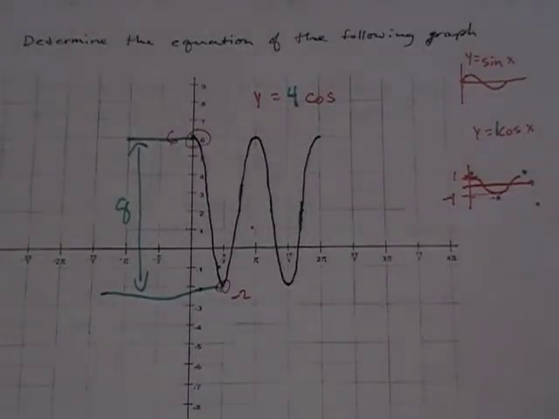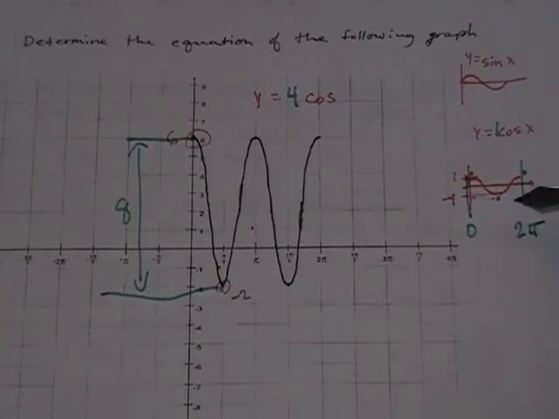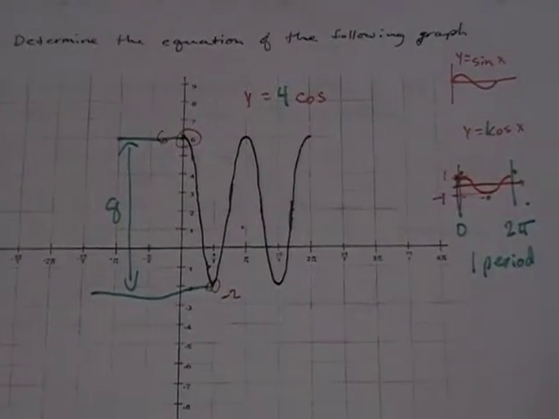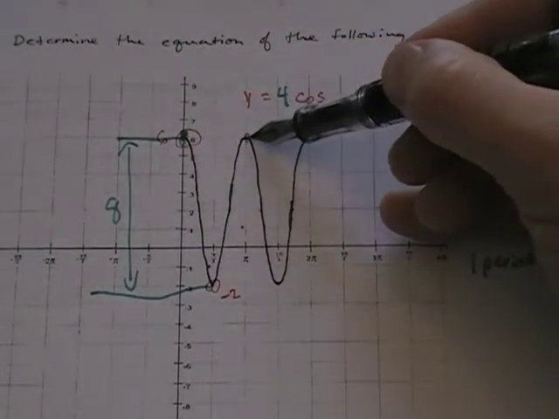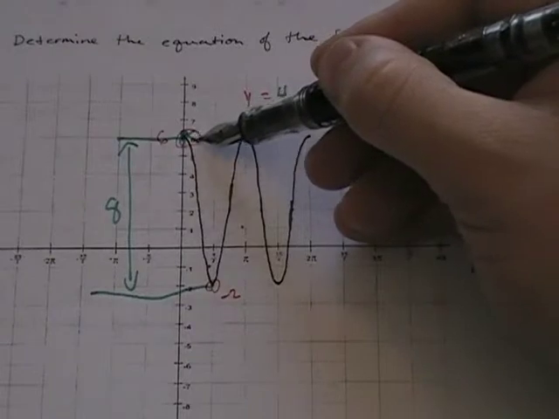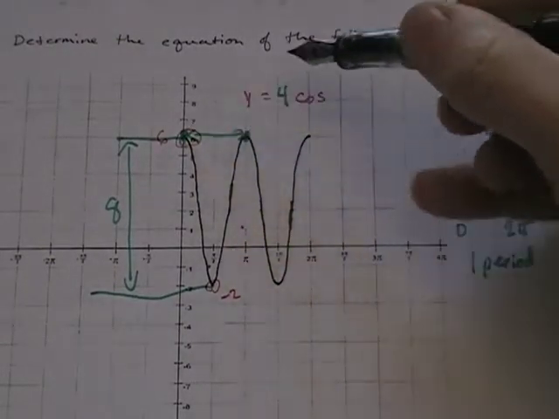Okay? The next thing I realize is normally this graph starts at 0 and it goes to 2 pi. That's 1 period. Well, I look here, from the maximum to the maximum, how long does that take? Well, that's pi and that's 0.